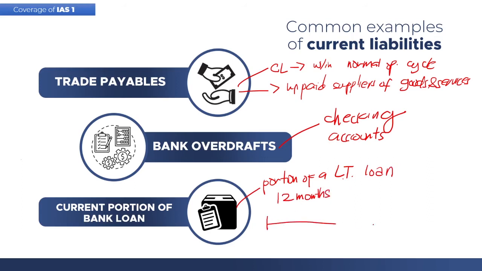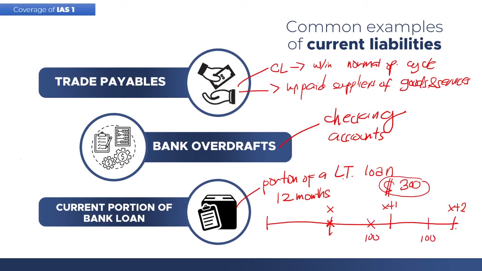So for example, if you have a long-term loan of around $300, and you need to account for it at this year, x plus 1 and x plus 2. If your loan is actually under staggered payment terms, so in year 1 you need to pay 100, year 2 100, and another in year 3 100.